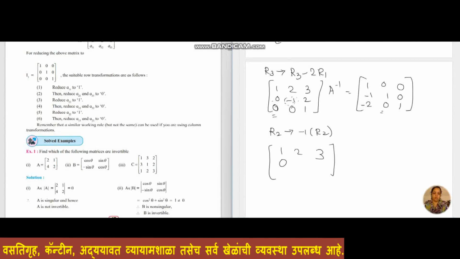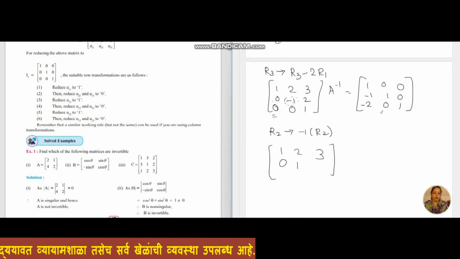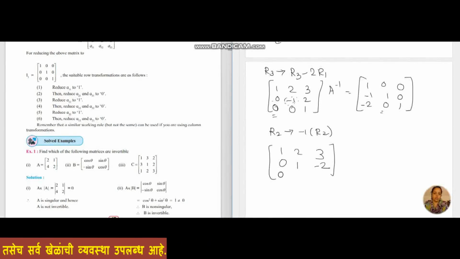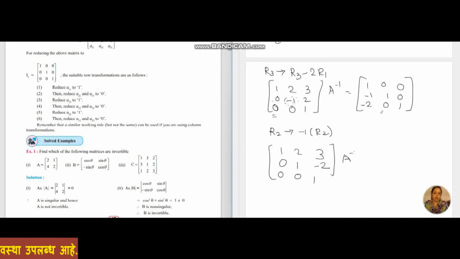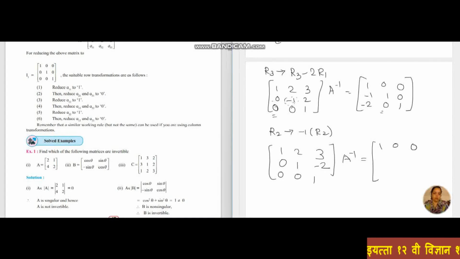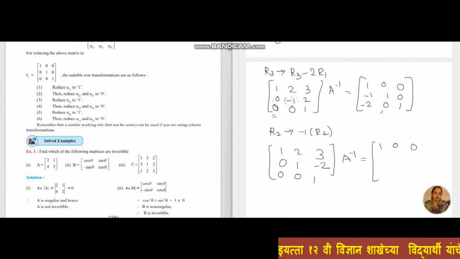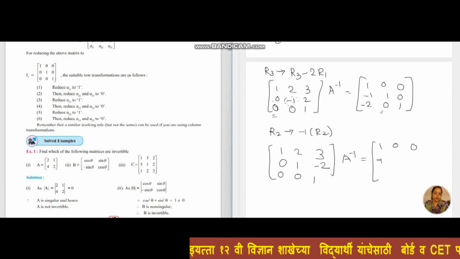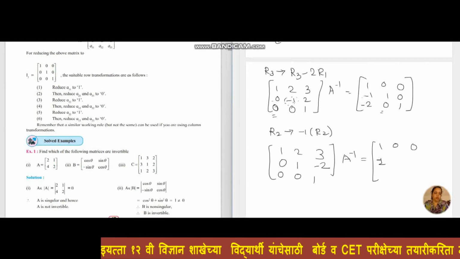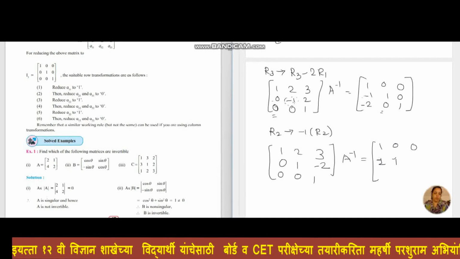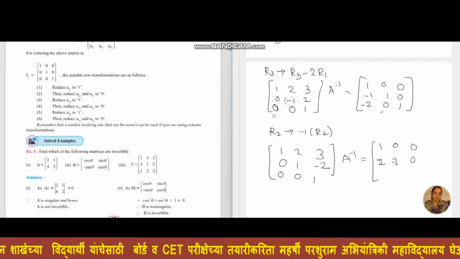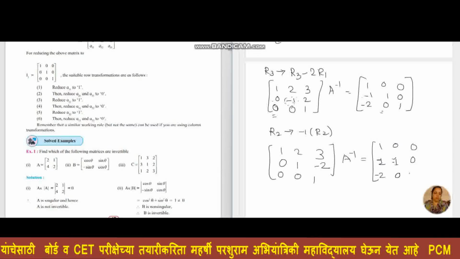Minus 1 into minus 1 is 1. 2 into minus 1 is minus 2. 0, 0, 1 into A inverse is equal to 1, 0, 0. Minus 1 into 1 is minus 1, 1 into minus 1 is minus 1, 0, minus 2, 0, 1.